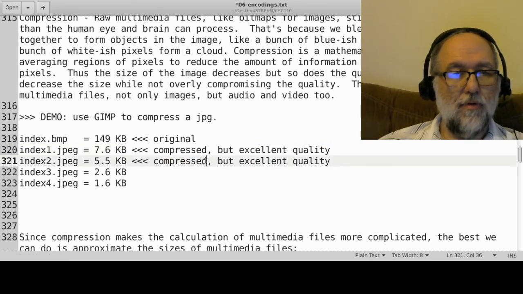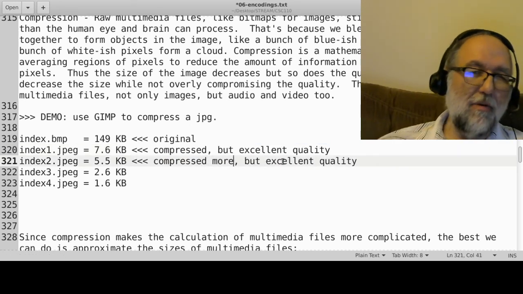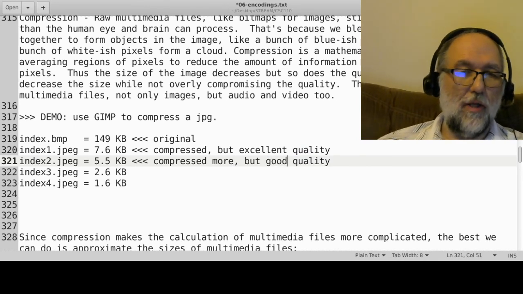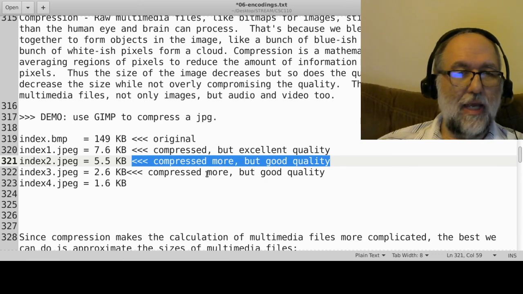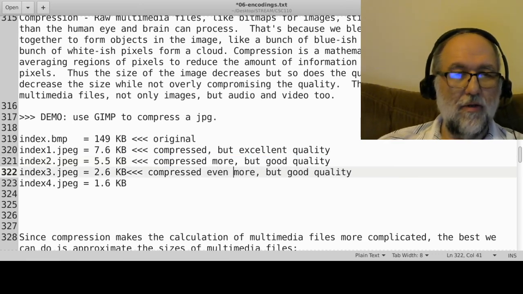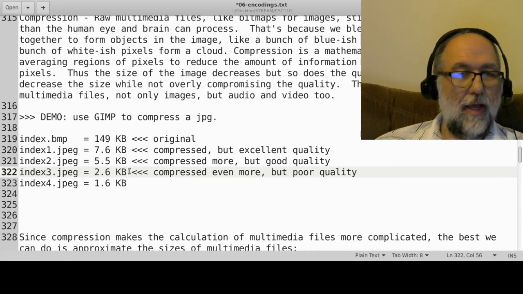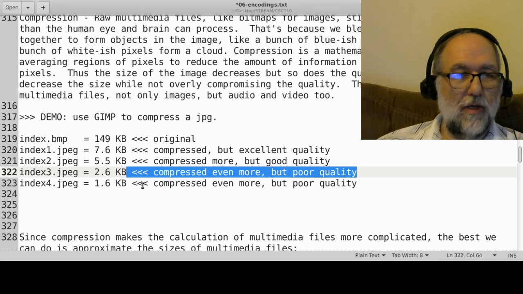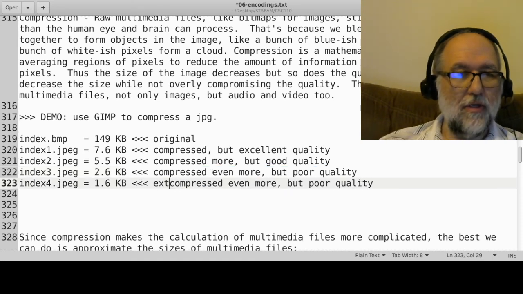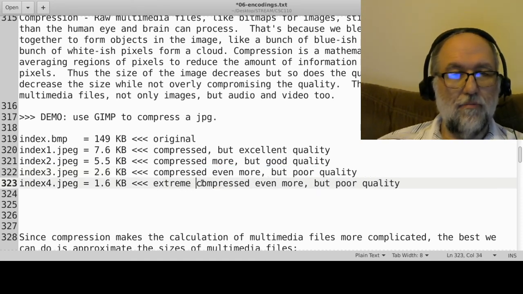I wouldn't say excellent quality, I would say good quality. The next one is compressed even more, and now we're at poor quality. And the last one was extreme compression. Compression like that.